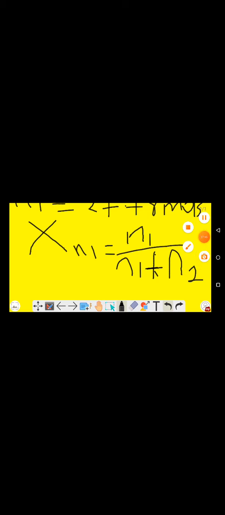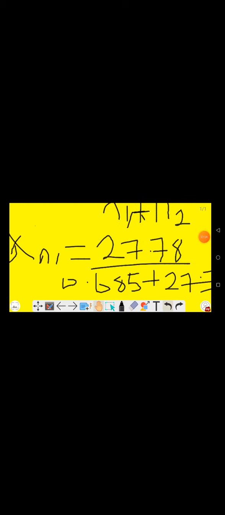We now substitute: N1 is equal to 27.78, then N2 is equal to 0.685.